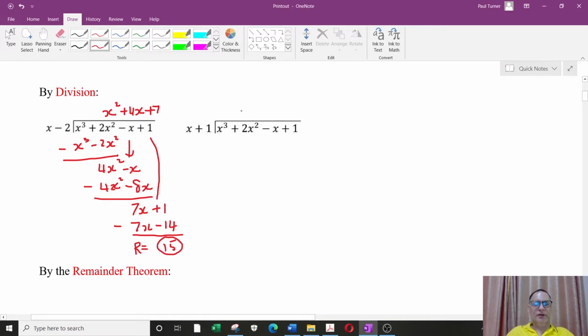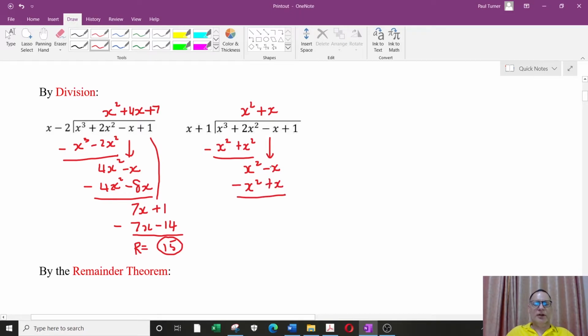x into x cubed, x squared times x cubed, x squared times 1, x squared, and subtract. 2x squared minus x squared will be x squared, minus x. And then this value must be 1, x. x times x squared, x times 1 will be x.